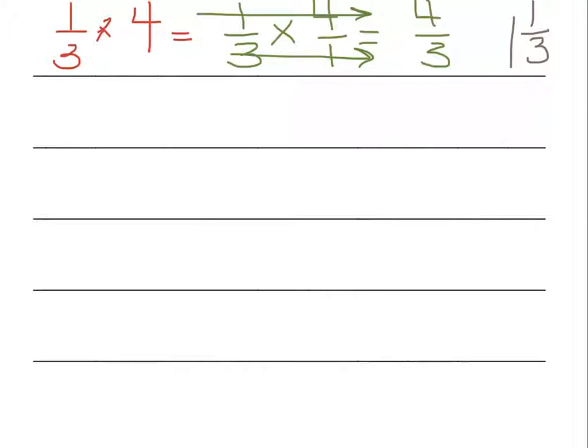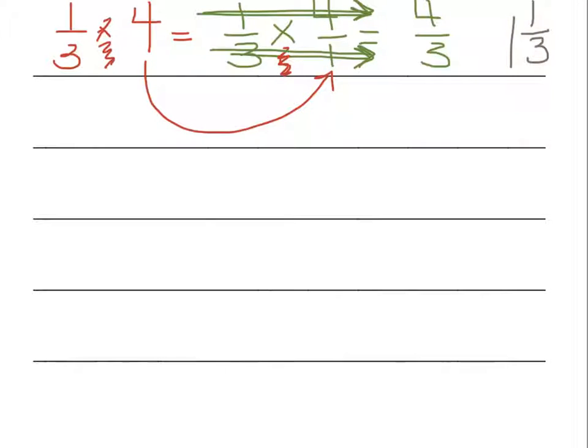Now, do you see? First thing you had to know is how to go from a whole number into a fraction. The second thing, in this case, it gave you the multiplication sign, but you have to know that if you see it with an "of," you know what to do. The next thing you had to make sure you remembered is that you multiply straight across the top and straight across the bottom.